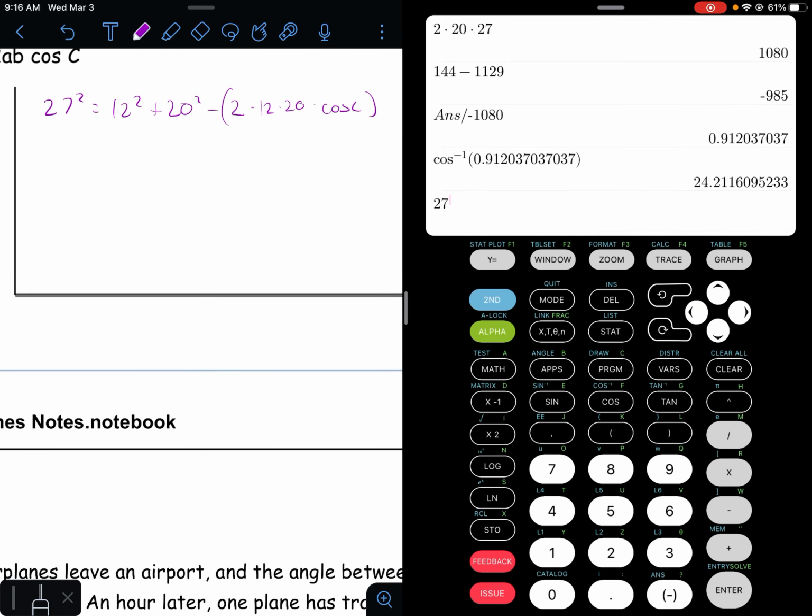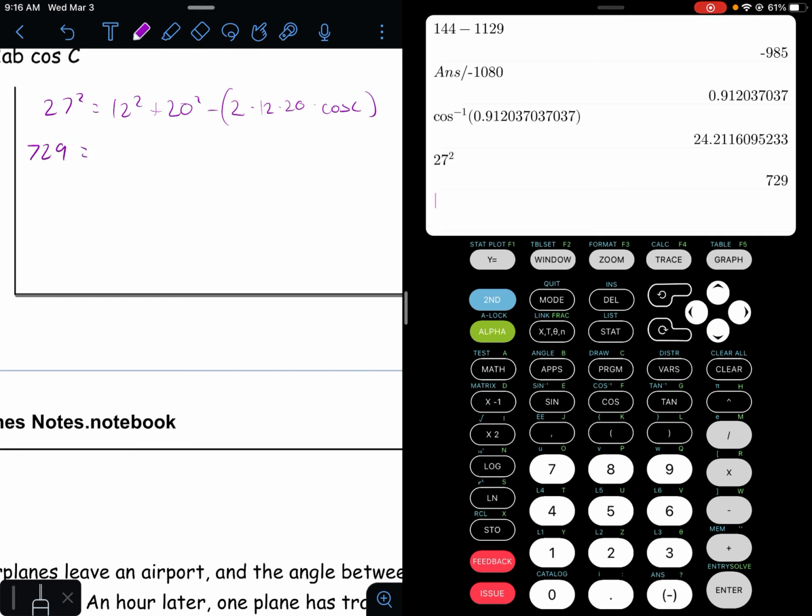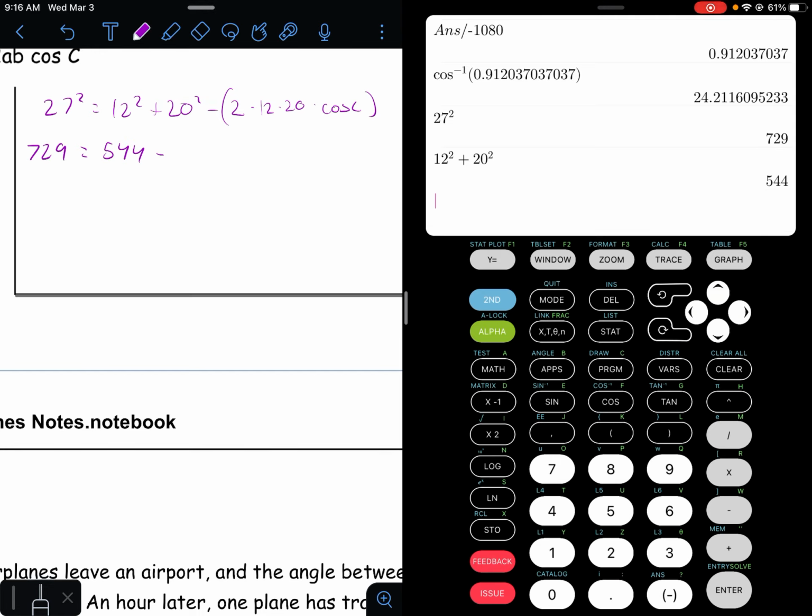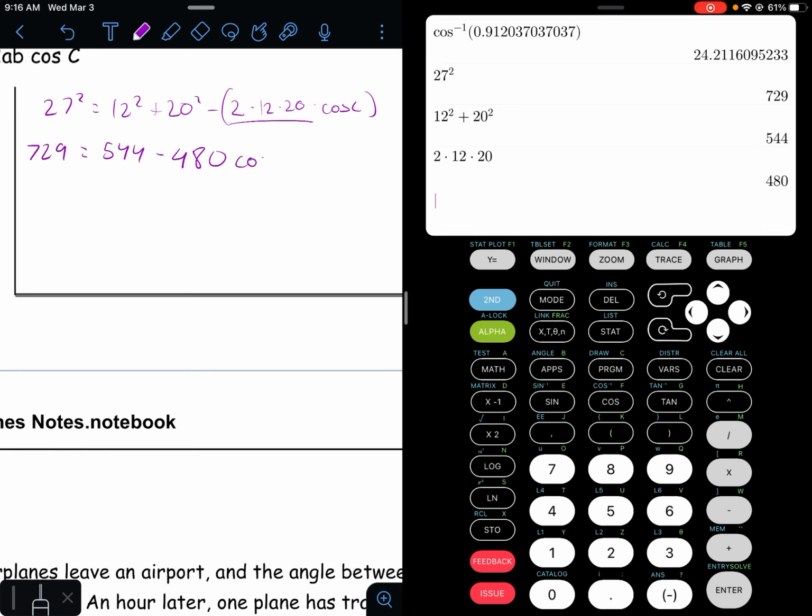So we get 27 squared, which is 729. Then 12 squared plus 20 squared gives us 544. Minus, and then we could plug this in: 2 times 12 times 20 is 480 cosine of angle C.